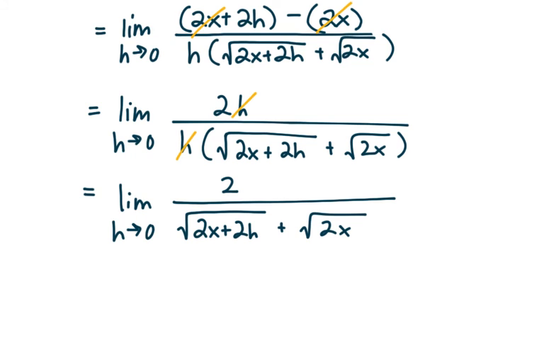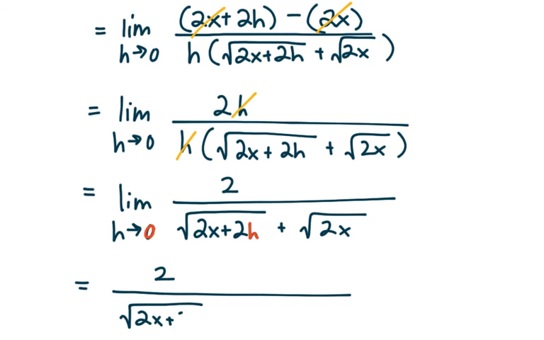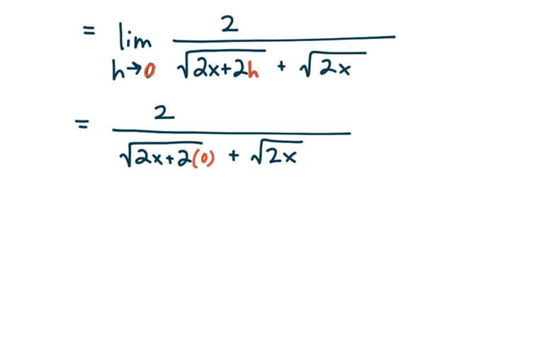At this point, once I have canceled that h value, I'm going to take the 0 and plug that into my function for h. I no longer need to write limit, so this is the square root of 2x plus 2 times 0 plus the square root of 2x. So that's going to cancel right there.